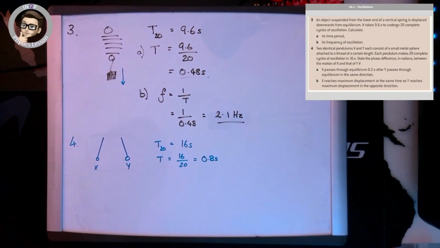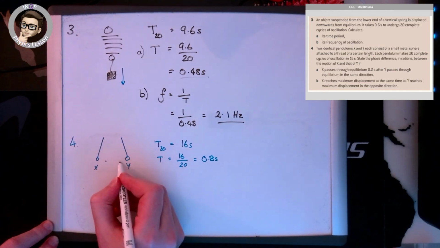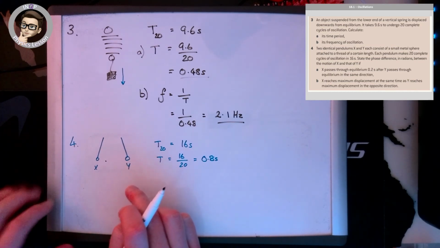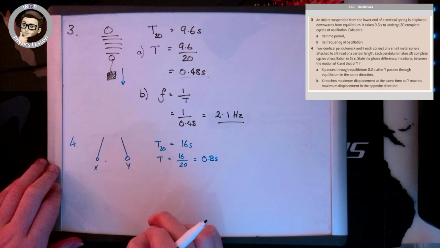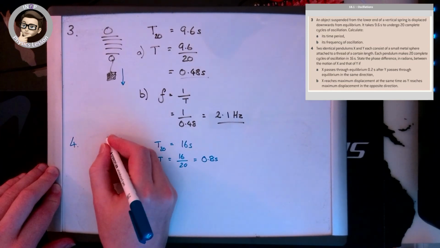Okay, so X passes through the equilibrium 0.2 seconds after Y passes through equilibrium in the same direction. Now, direction matters. Let's just change my diagram slightly because now I've been given more information.